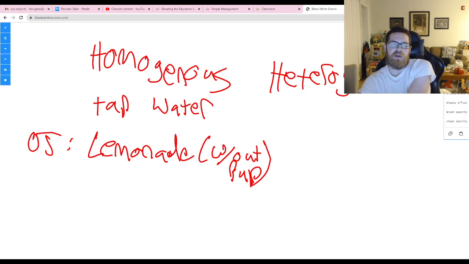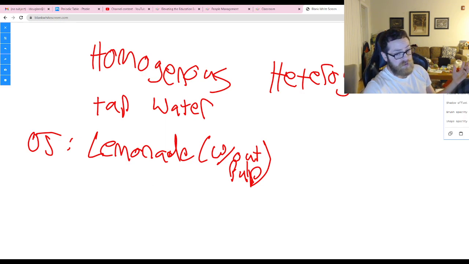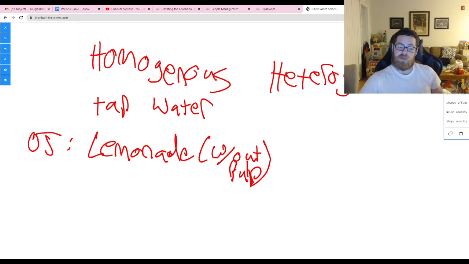Lemon juice itself is a mixture of things: water, various chemicals that make up flavors, and citric acid. So when we look at lemonade, we might recognize that it's different chemicals, but you can't tell one part of lemonade from another. Unless, again, you're making it with a powder and there's some unmixed powder, or if it's a pure lemonade with pulp. So if you were going without pulp, things like orange juice and lemonade are homogeneous mixtures.